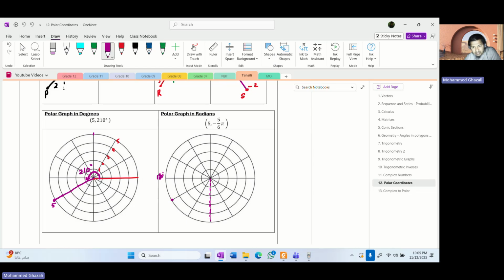So that's the point there. The polar axis is here, and let's call this point P and this point Q. It's just that the angle is in the opposite direction, which is negative 5 pi by 6. Right, that's great.